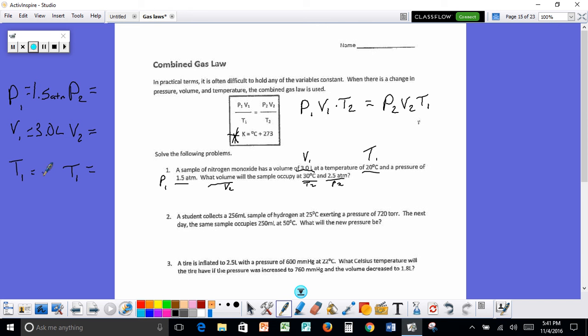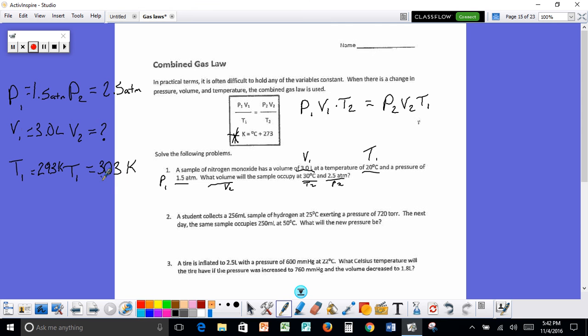And temperature 1 is 20 degrees, so 273 plus 20 will give us 293 Kelvin. Alright. Looking at pressure 2, we have 2.5 atm. Our volume 2 is our unknown, and our temperature 2 is 30 degrees, so that's going to mean that we have 303 Kelvin.